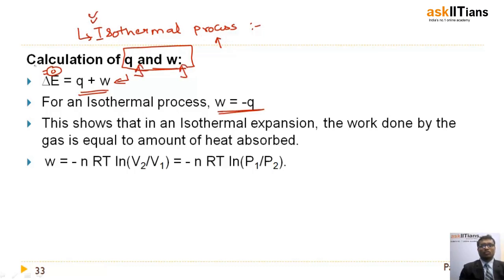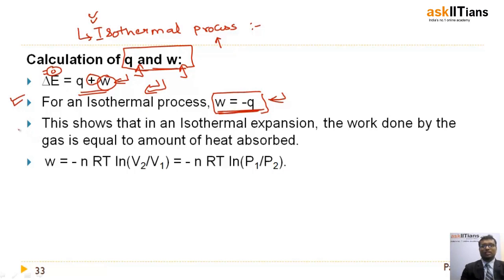Through the first law of thermodynamics you can develop a relationship that W is equal to minus Q. Let's assume that compression is taking place, that's why W is represented with a positive sign, that is plus W. For the isothermal process, W will be equal to minus Q since delta E will be 0.